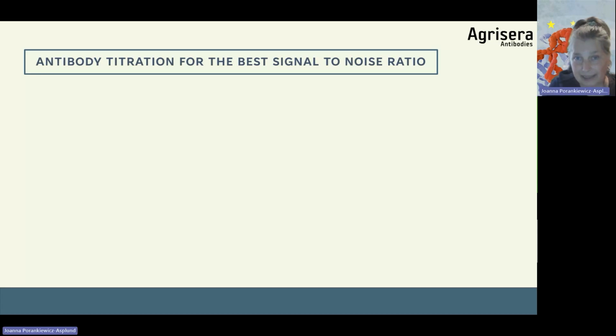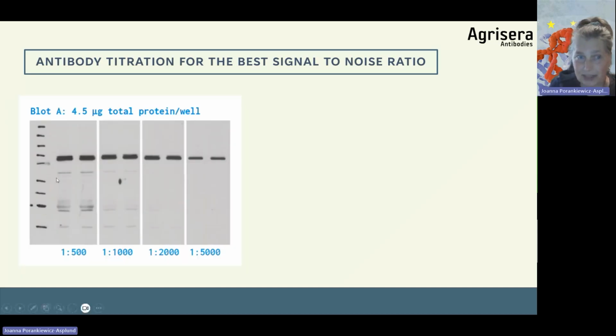I mentioned best signal-to-noise ratio and how it is connected to the background. As you see here, in this example, the protein load was 4.5 microgram of total protein per well, and the primary antibody was quite concentrated. So, of course, the background bands were coming up.